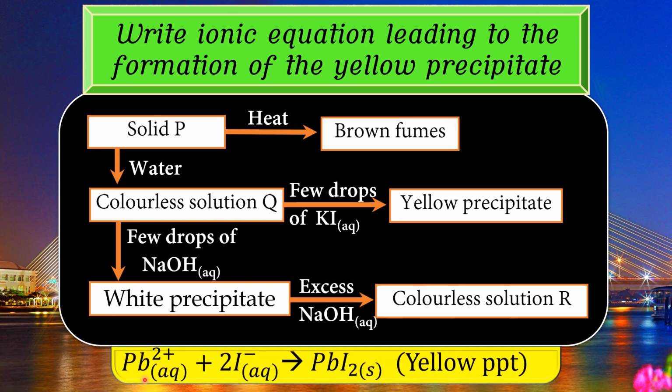So we have lead(II) ions reacting with iodide ions to give us lead(II) iodide, which is a yellow precipitate.